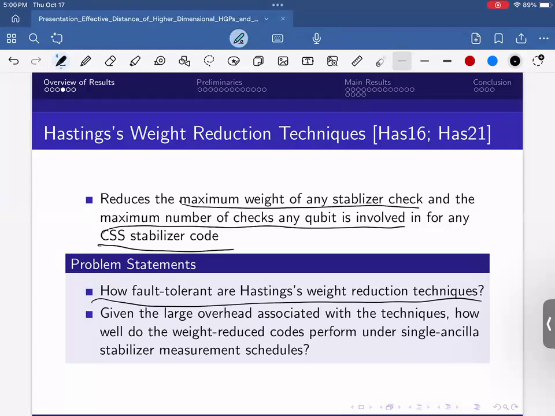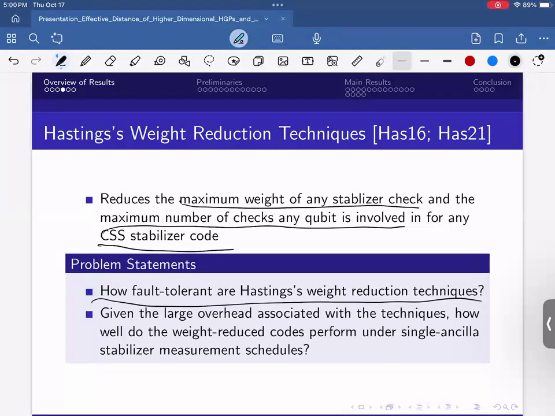The rate decreases by a constant factor. Everything is constant. The rate is between 0 and 1. I mean, the rate means the number of logical qubits divided by the number of physical qubits.